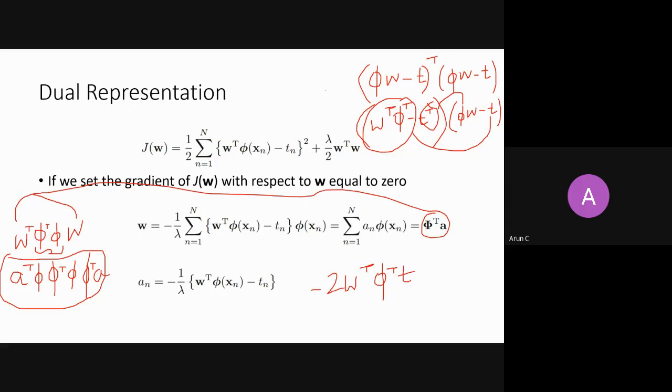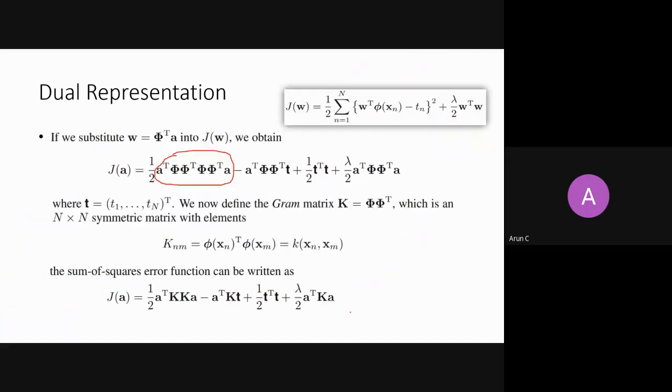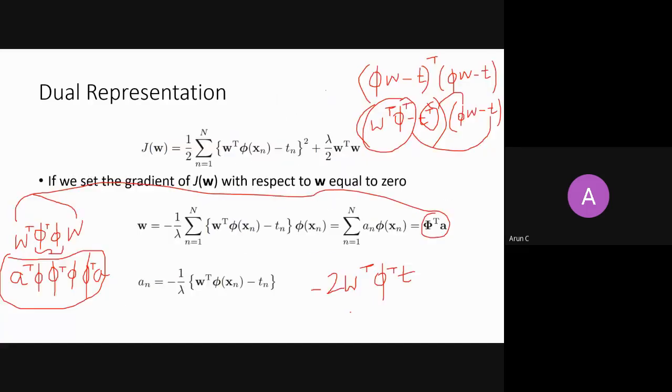You have done it. Then you just replace W with phi transpose A. So it is A transpose phi transpose T, right?